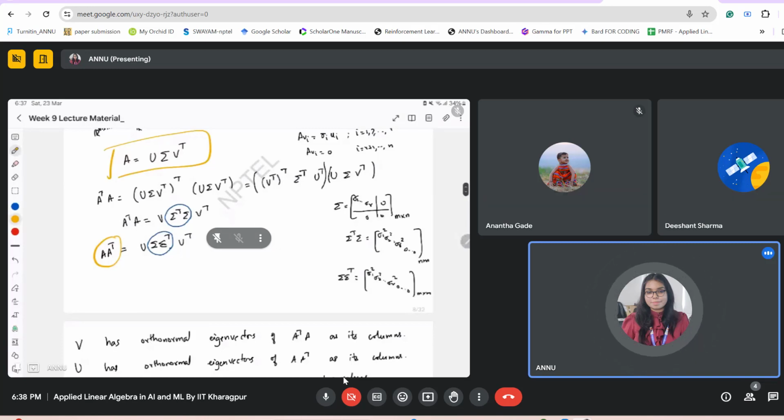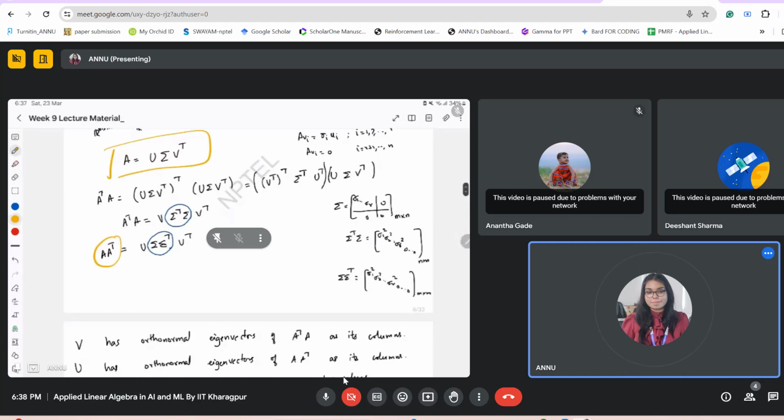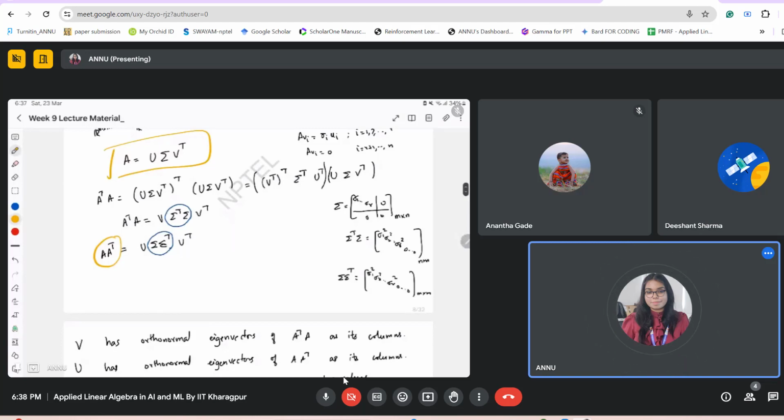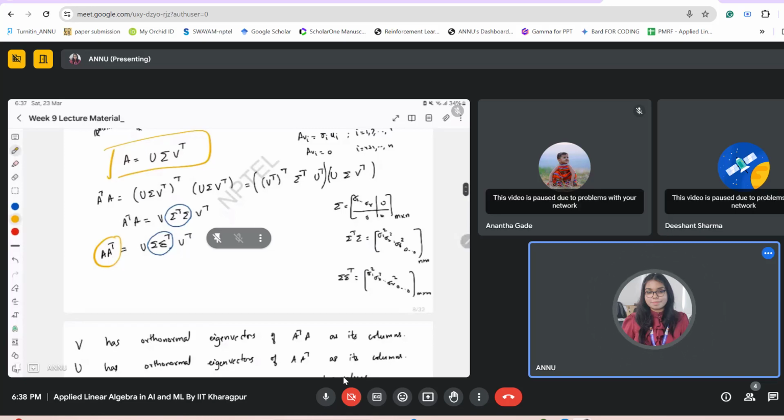So let us say B equals A transpose A. You write B equals V lambda V transpose, where V is the eigenvector matrix of B and lambda is the eigenvalue matrix of B. So from here we can say sigma transpose sigma has the same eigenvalues as B, where B is A transpose A. So how much will sigma have?